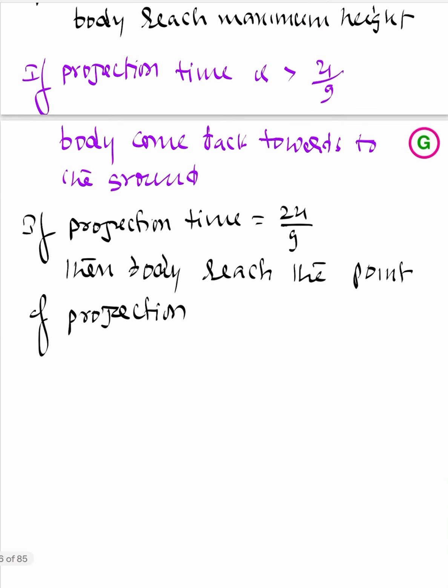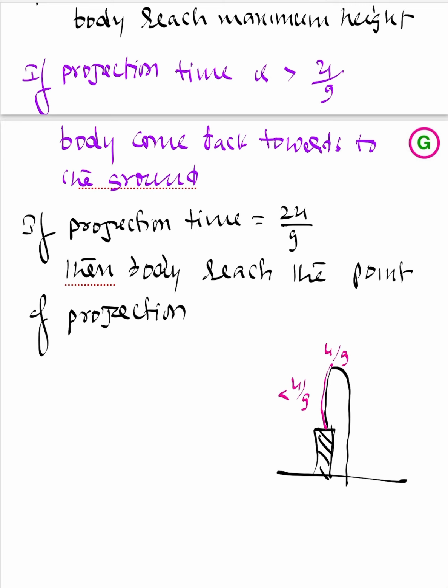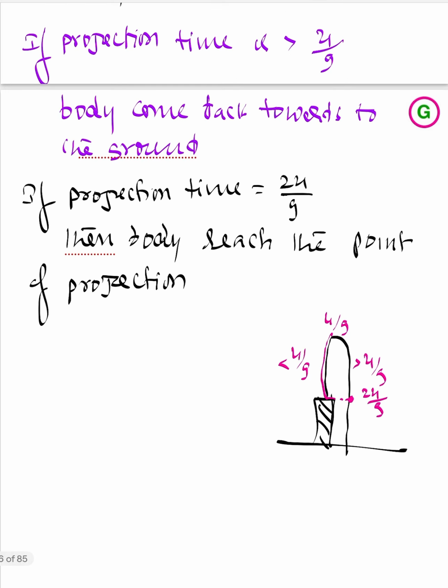See here, the body is projected from here and reaches here. Up to here is less than u by g, this is greater than u by g, and this point is equal to 2u by g. This is the time of flight.